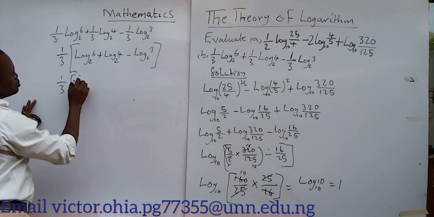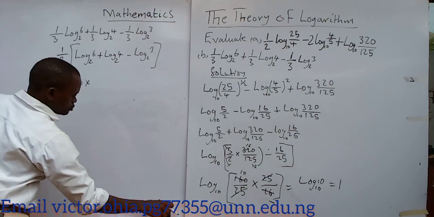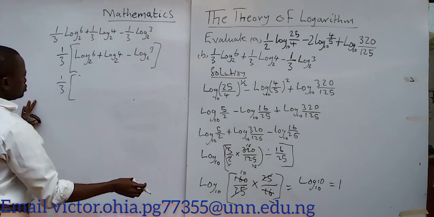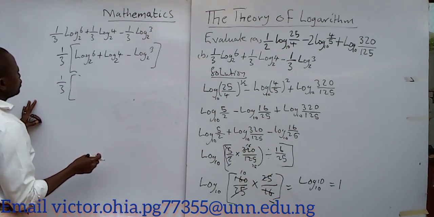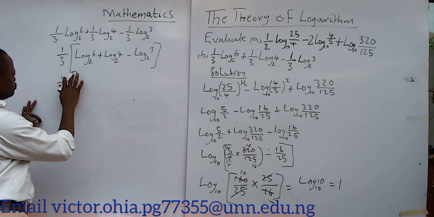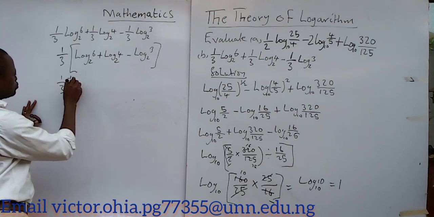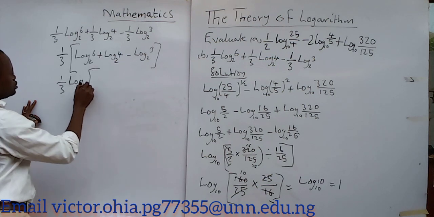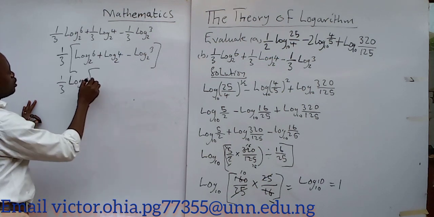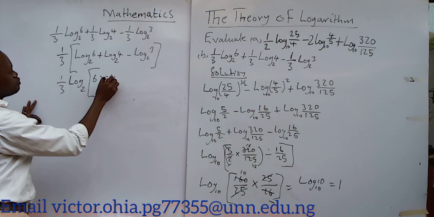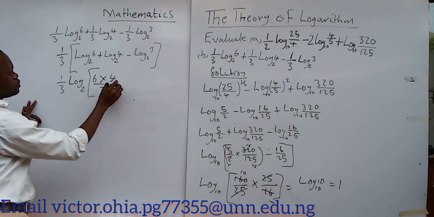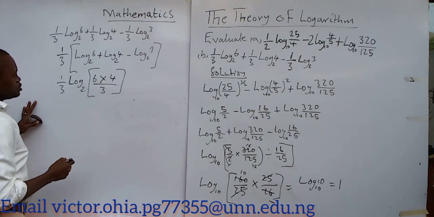So I have 1 over 3 log in base 2, then inside here I can now have 6 times 4 over 3. I think it makes sense now.